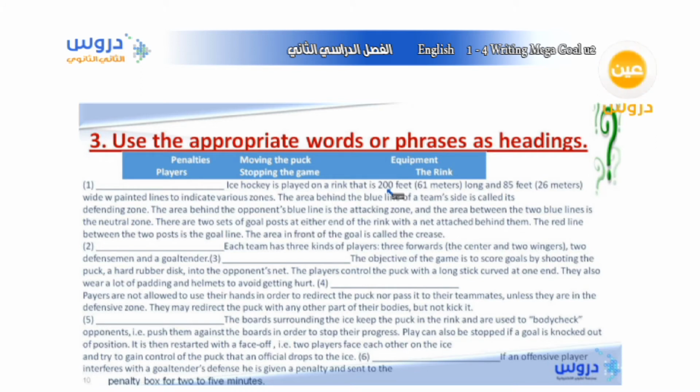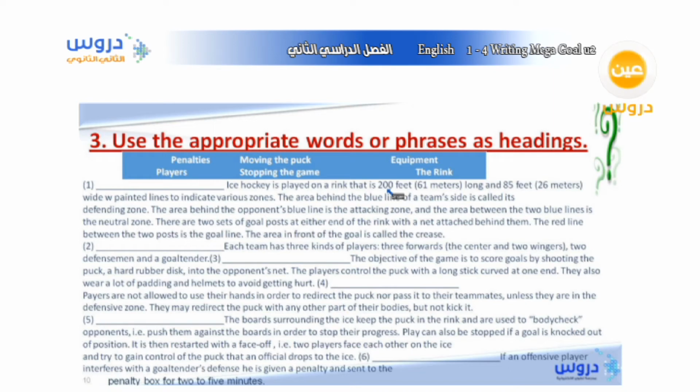Okay. Here we have to fill the blanks with these words. Here's the first one. Ice hockey is played on a rink that is 200 feet, 61 meters long, and 85 feet, 26 meters wide, with painted lines to indicate various zones.